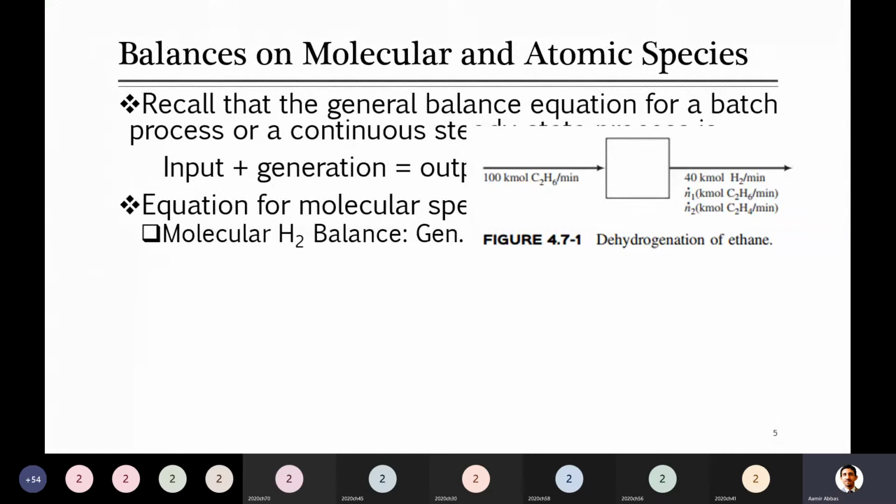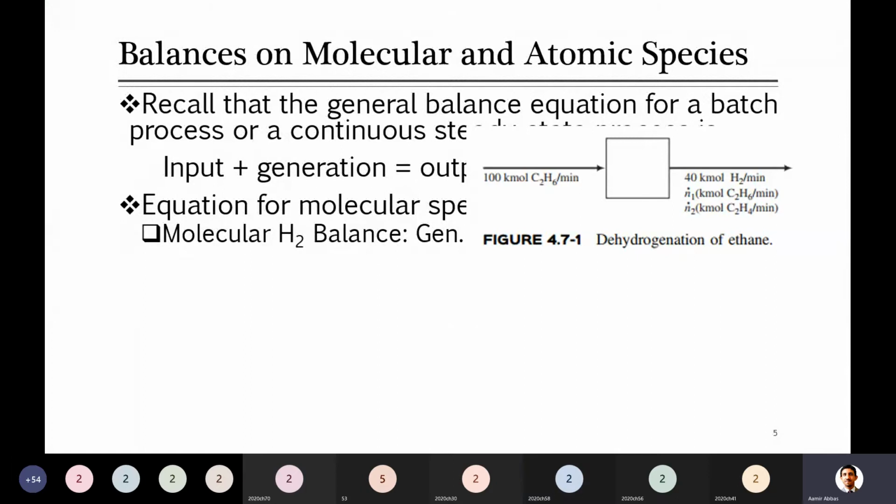Sir, input will be 0 here. Yes, overall you will look at the equation. Good, exactly, you are right. When you are writing for H2, input is 0. So what is left here? Will there be any generation? Yes, it is generated in the reaction, hydrogen gas.